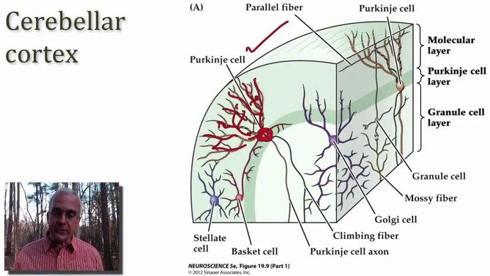Now, this Purkinje cell is the principal integrator of inputs that are coming into the cerebellar cortex, and it's receiving a massive input from the axons of these really tiny cells that account for the majority of the cells that we find in the cerebellum.